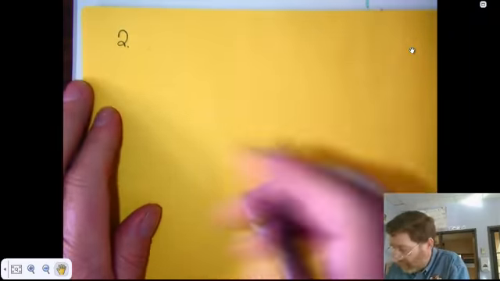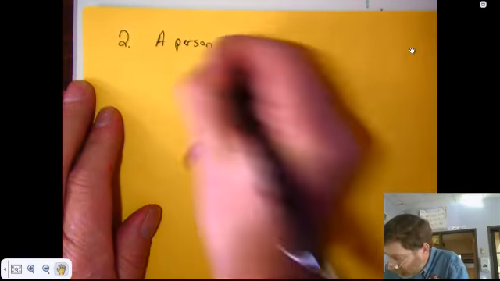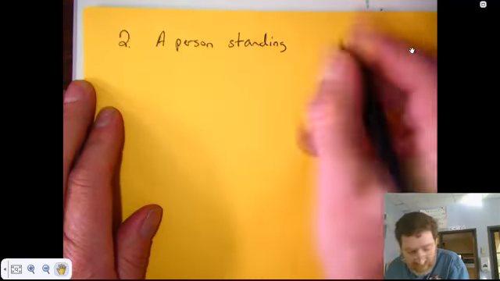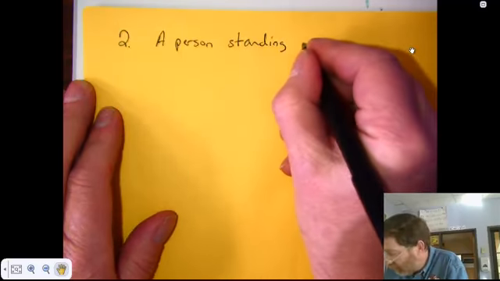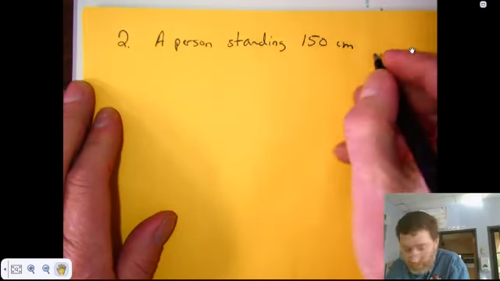Okay, on this one we have a person standing 150 centimeters from a mirror.